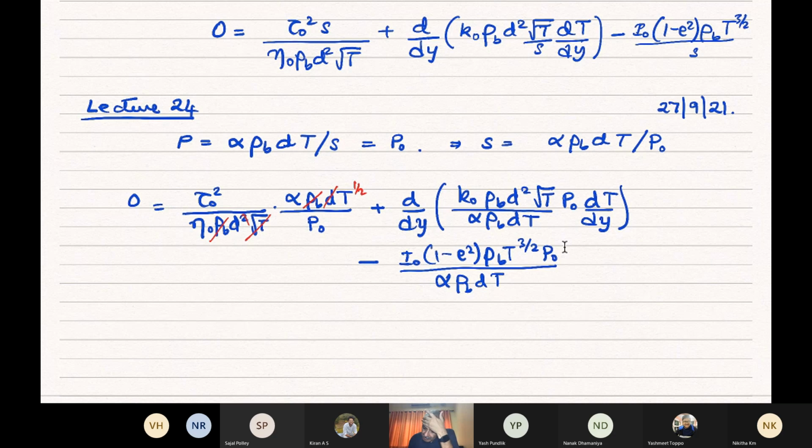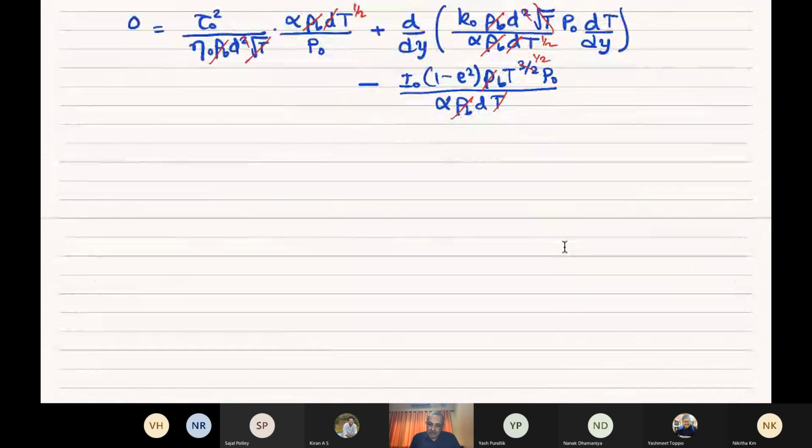Similarly here, rho b cancels with rho b, d gets rid of this, and this temperature goes away, and you have t raised to the power of half at the bottom. And again, in this one, rho b goes away, and then t becomes half.